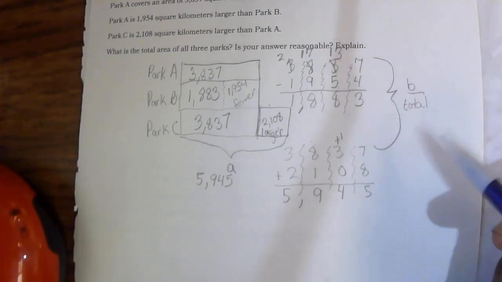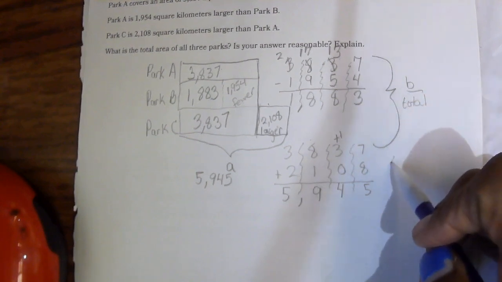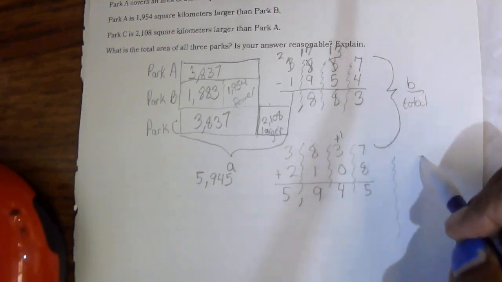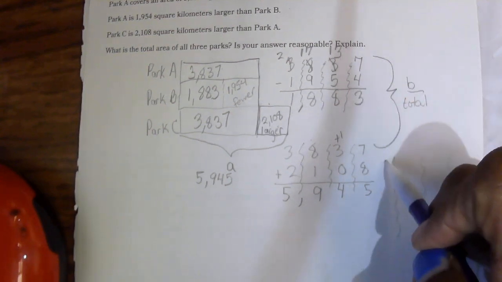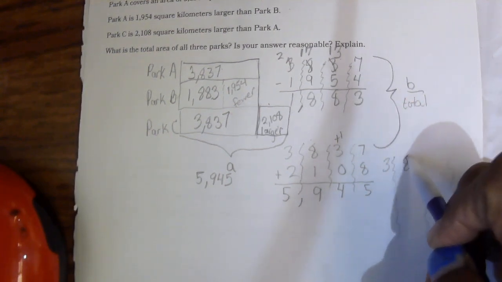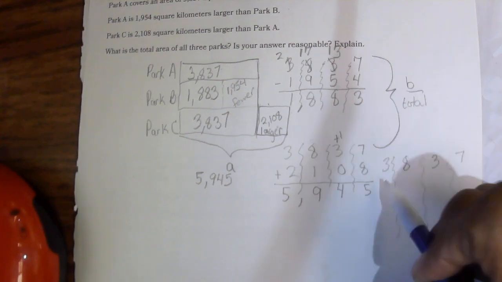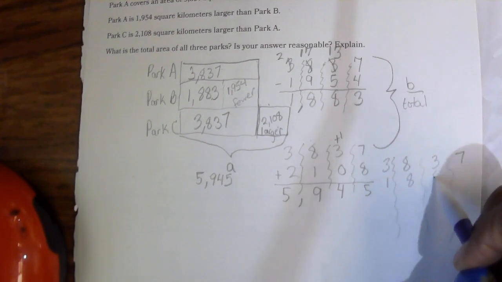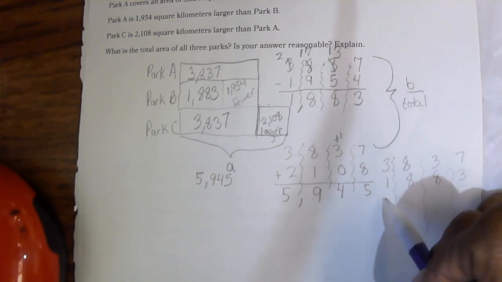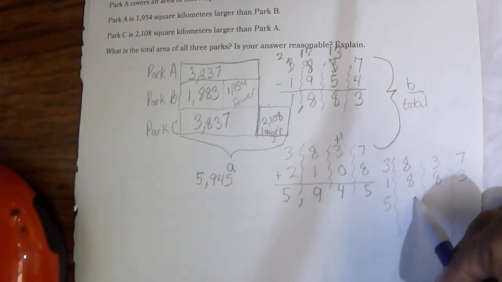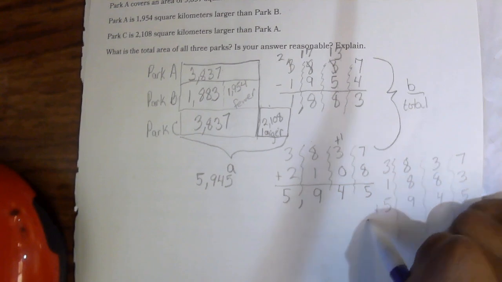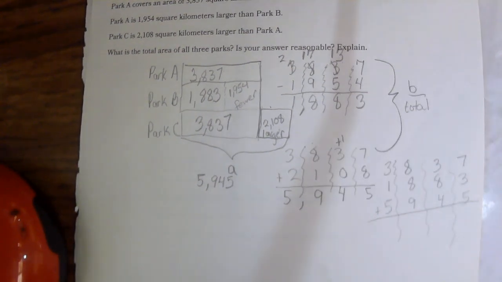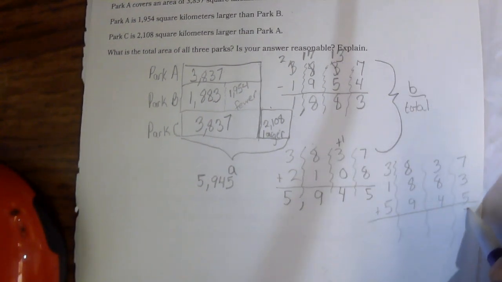There are 4 digits in each number, so let me do my 3 lines so I can keep them separated nice and neat. So we have 3,837, we have 1,883, and we have 5,945. And let's add it. 7 plus 3 is 10, plus 5 is 15.